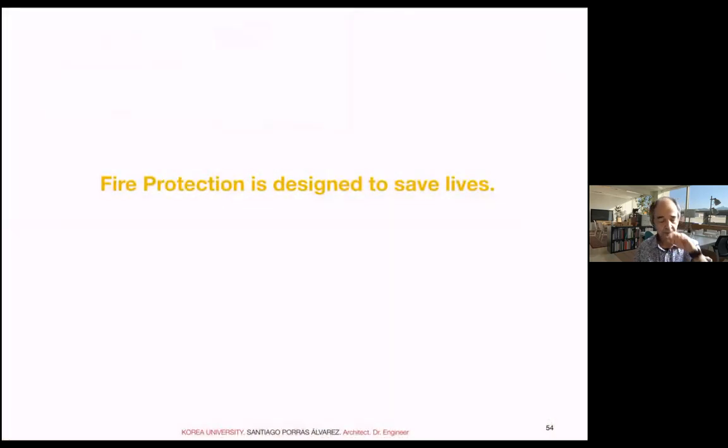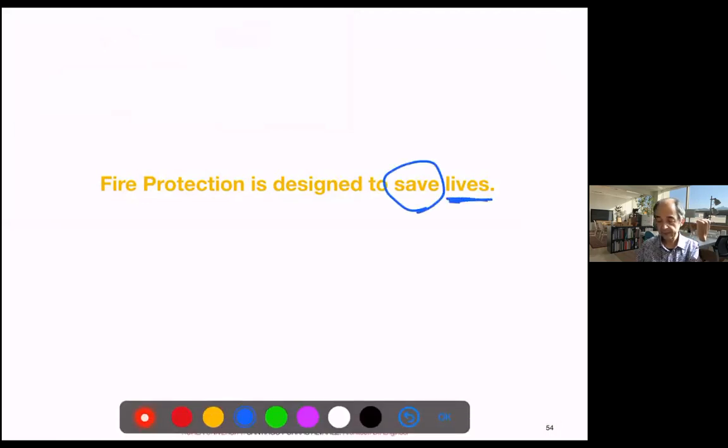So the point is that fire protection is basically designed to save lives. We give up on the building. If the building has to be demolished, we just accept it, but we try to save lives, right? In general, we will see exceptions to that.